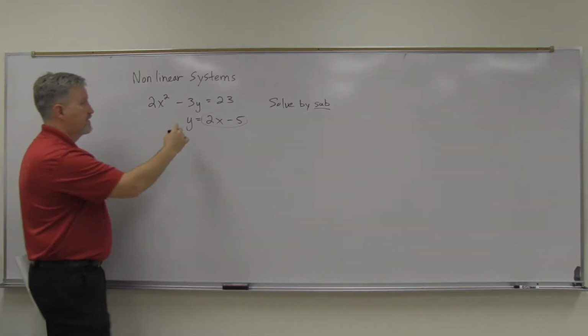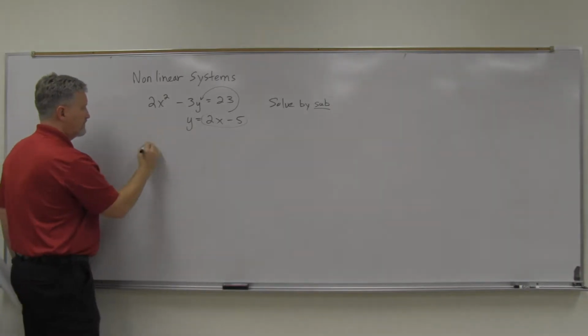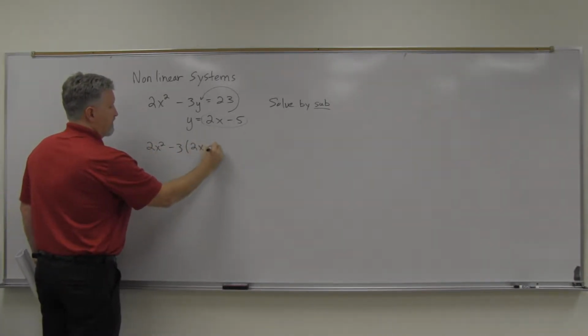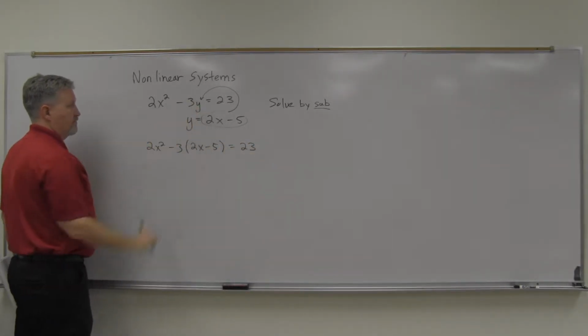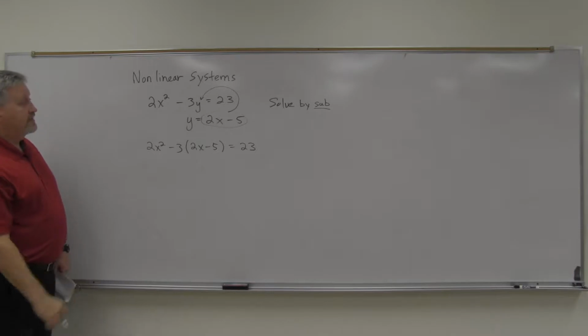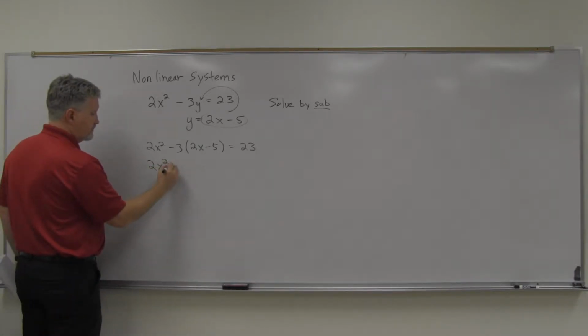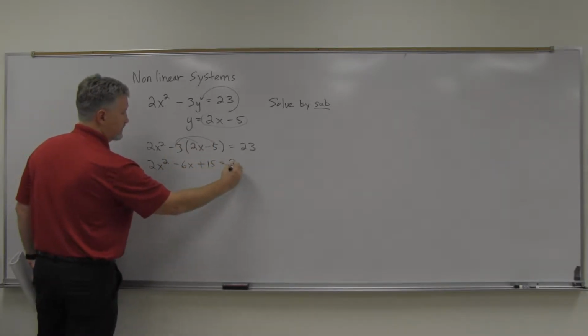Just substitute the y to be 2x minus 5 in the other one. And so that'll give me 2x squared minus 3 times (2x minus 5) equals 23, right? Just plugging in y to be 2x minus 5. And you have to do a little distributing there. 2x squared minus 6x plus 15 equals 23.